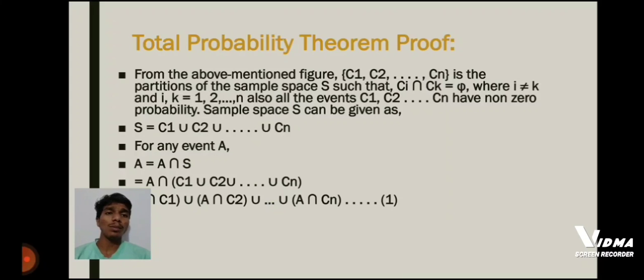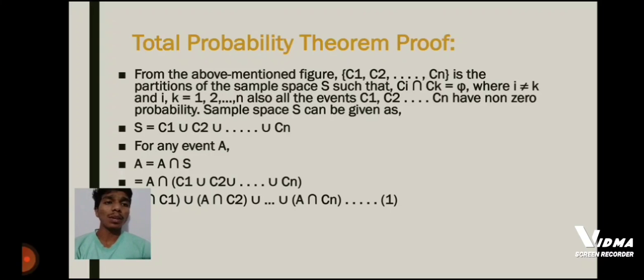Total probability theorem proof. From the above Venn diagram, C1, C2, and so on up to Cn are the partitions of the sample space S, such that Ci intersection Ck is empty, where i not equal to k, and i and k equal 1, 2, 3, and so on to n. Also, all the events C1, C2 and so on up to Cn have non-zero probability.